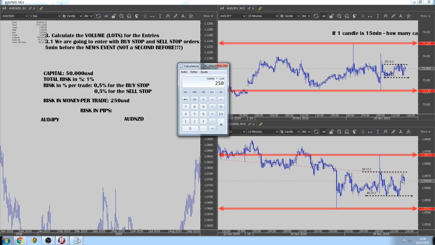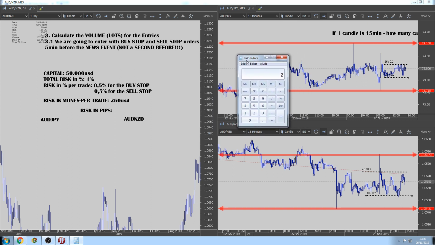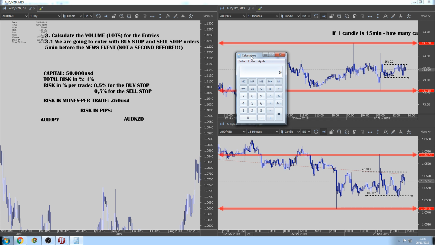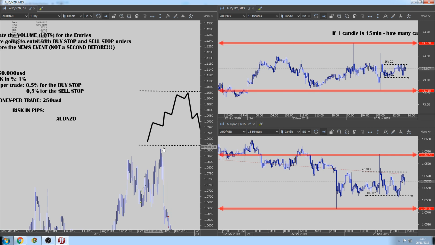So how do we calculate the risk in pips? It's simple. You take the upper band, everybody, and you take the lower band. Now one more thing, we are not going to enter exactly at the bands, but we are going to enter 10 pips or 100 pips, everybody, above the bands.